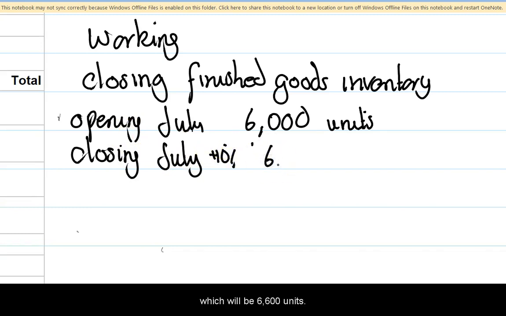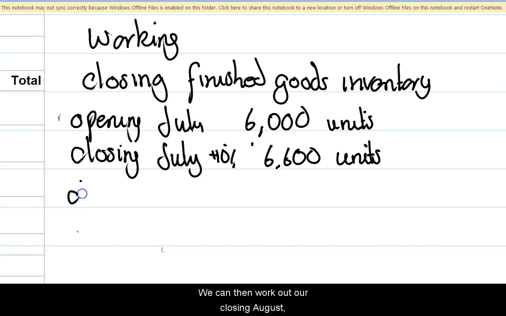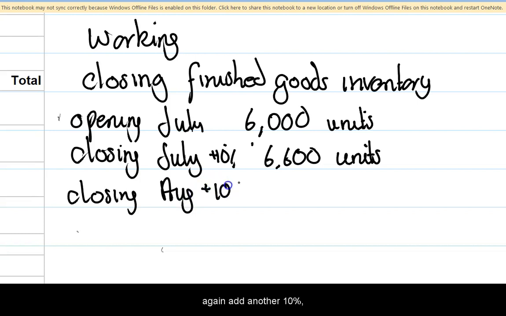which will be 6,600 units. We can then work out our closing August. Again, add another 10%, and that will come to 7,260 units.